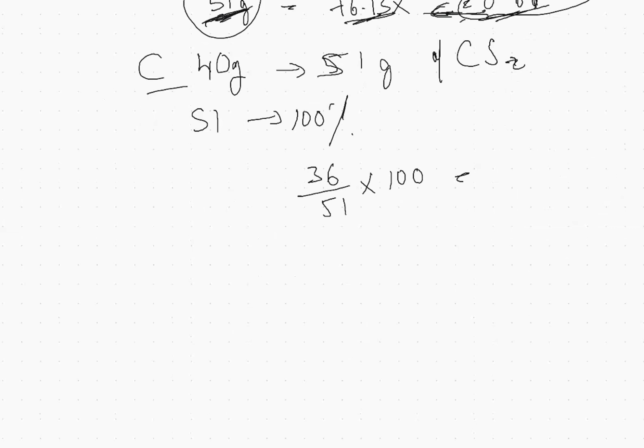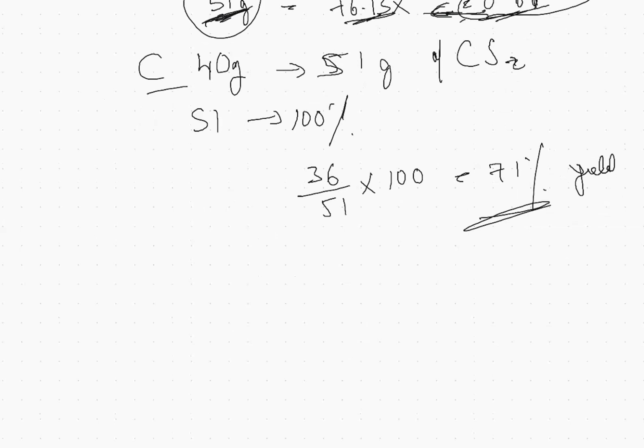I get roughly about 71%. That's the yield. So yield means theoretically what we should have got, but because it's grams we are talking about, if they say so much of carbon reacted giving CS2, we first get the number of moles by dividing by the molar mass.